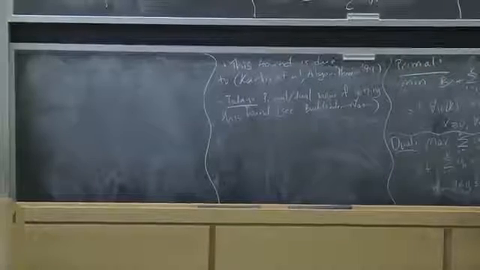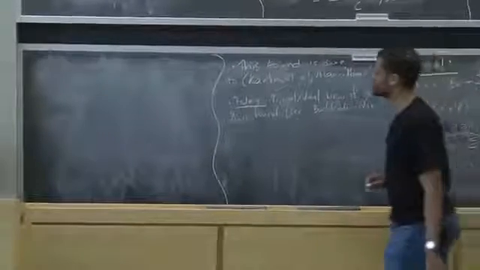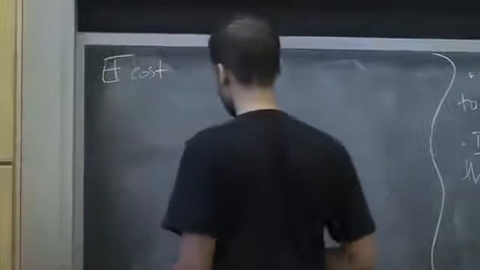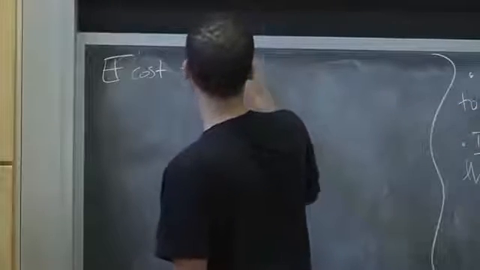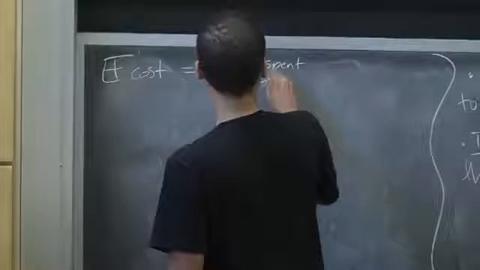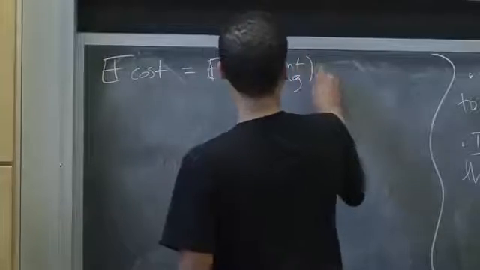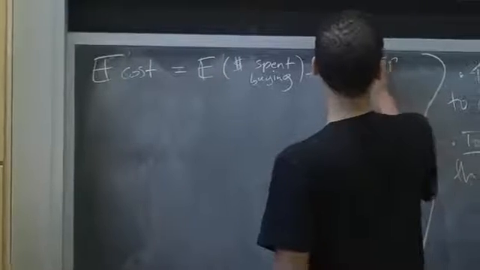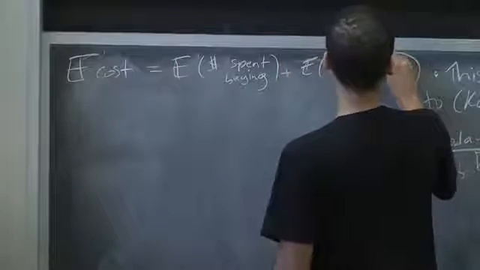Okay, so now let's analyze our expected cost of doing this. The expectation of the cost. Well, the cost is just the sum of money you spent buying and the money you spent renting. So that's the expectation of money spent buying plus the expectation of money spent renting.